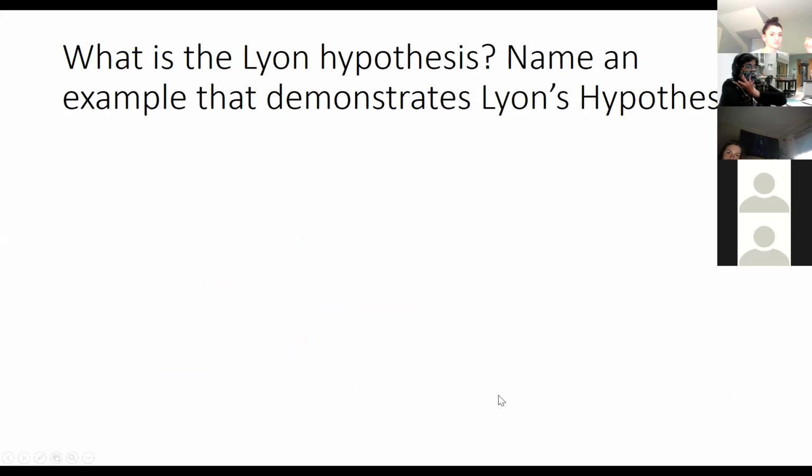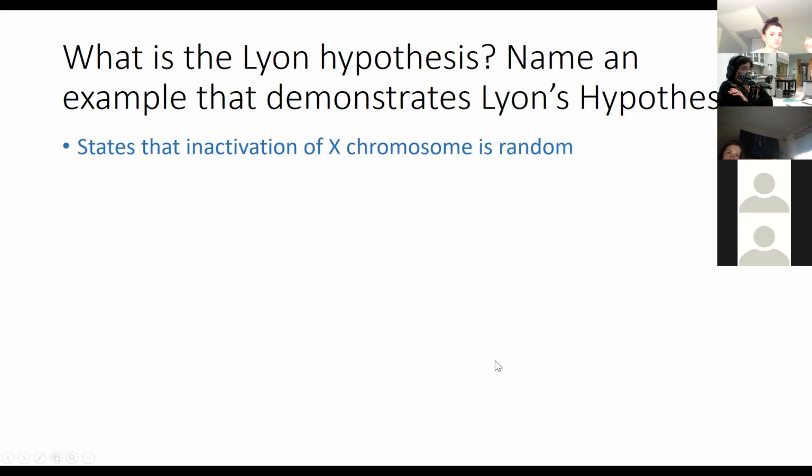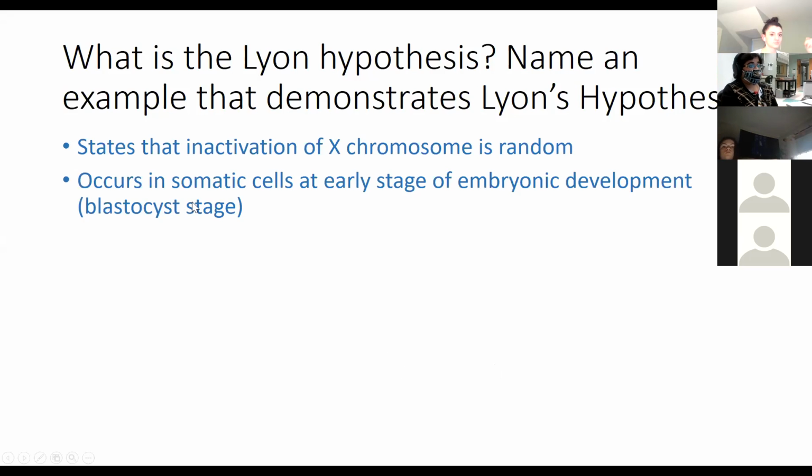Now there is something called the Lyon hypothesis. This states that inactivation of these X chromosomes is random, and it occurs at an early stage of embryonic development called the blastocyst stage.